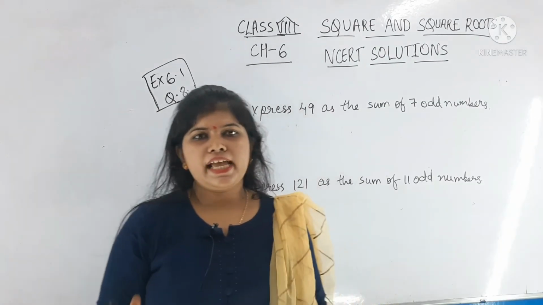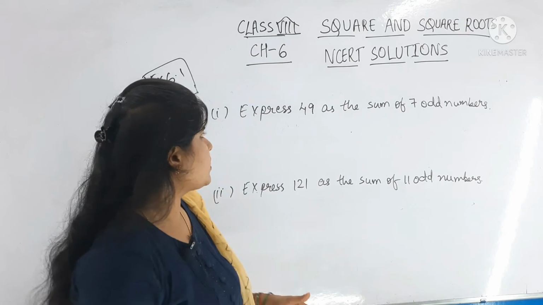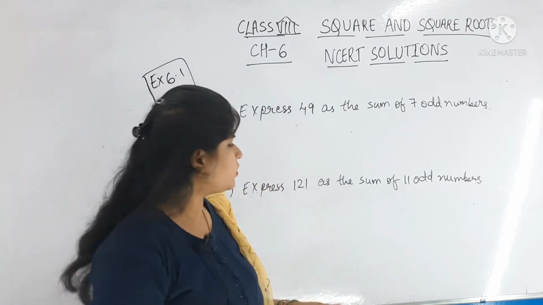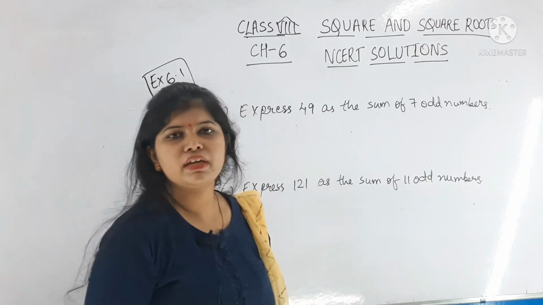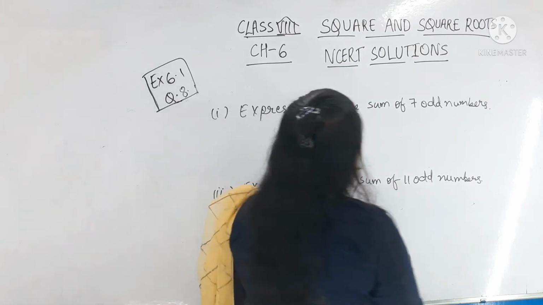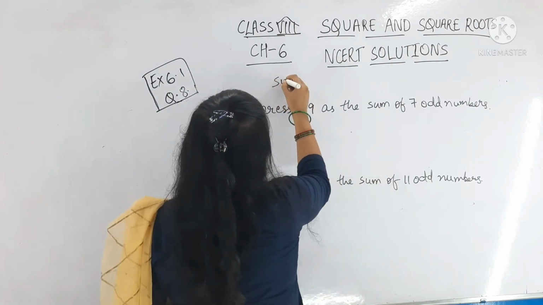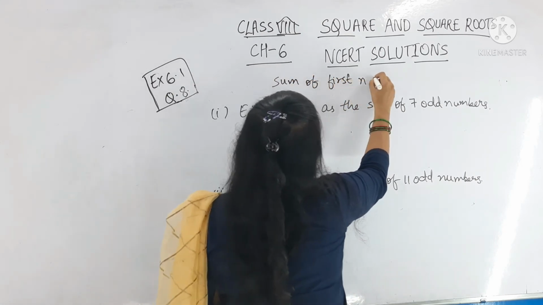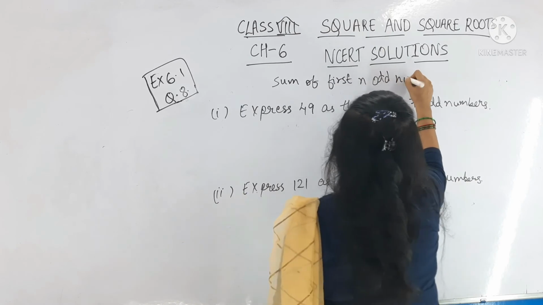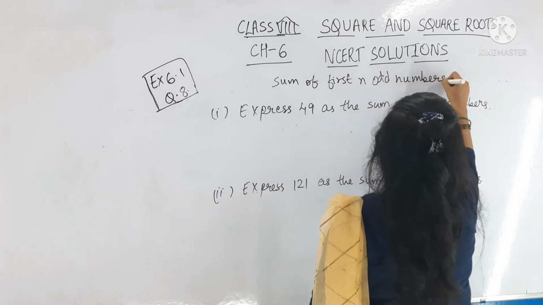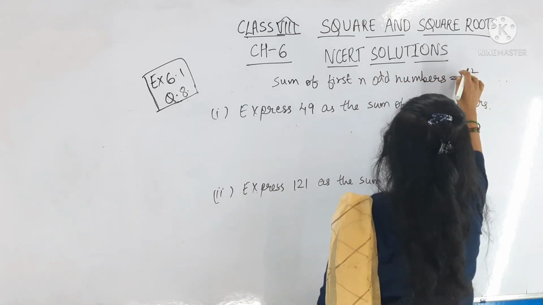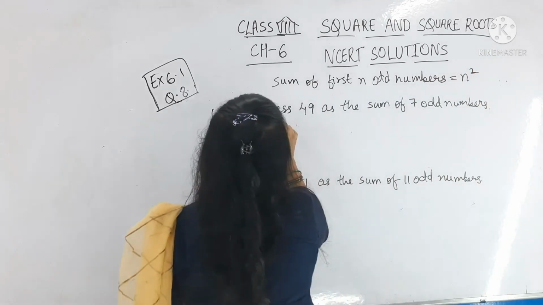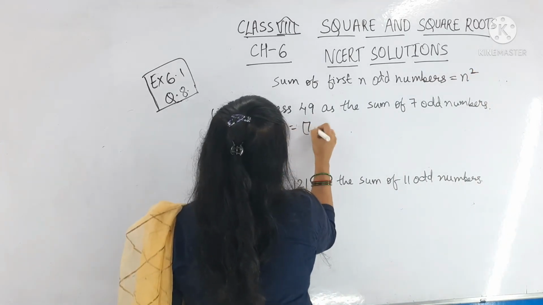Okay students, next question is question number 8. In this question we have to express 49 as the sum of 7 odd numbers and 121 as the sum of 11 odd numbers. So what is here? Sum of first n odd numbers is equal to n square. So here we can express 49 is equal to 7 square.